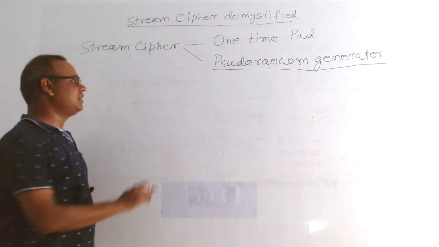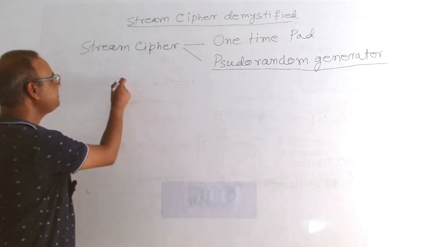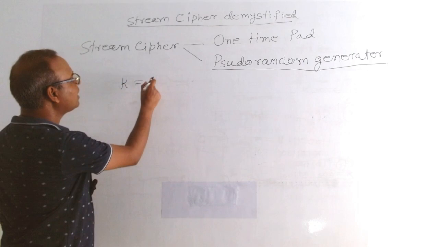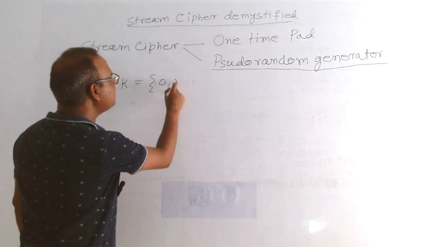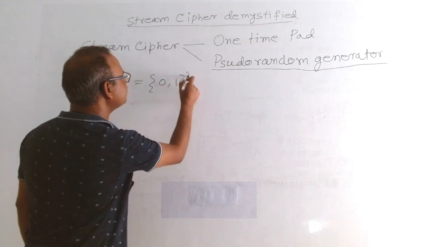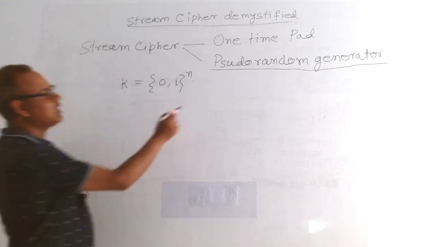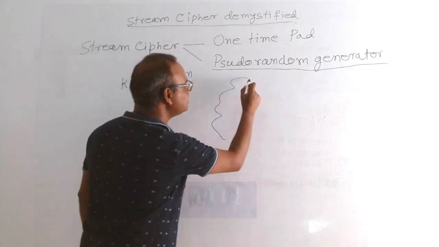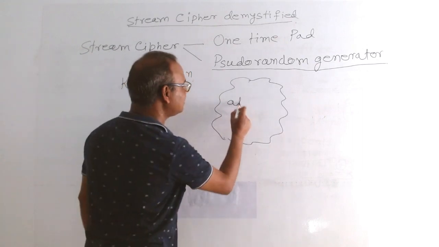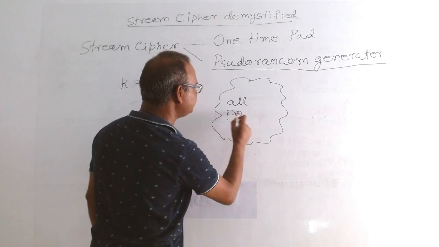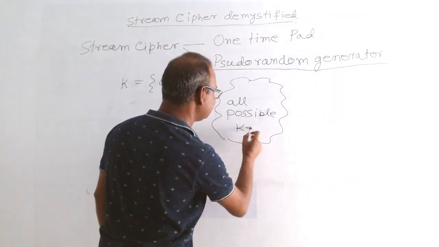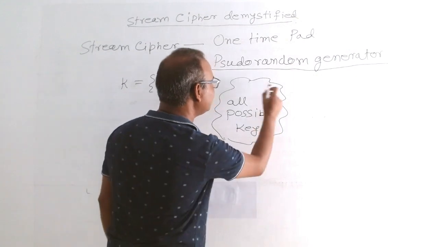We have a very good alternative. Let's say we require a key of n bits. Let's assume this is our key space, all possible keys of n bits.